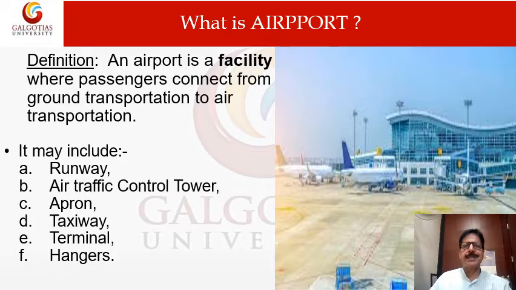Then taxiways connect the apron to the runway so that aircraft can move to and fro. Then we have terminals for administrative activities, like a traveler who is coming and needs a boarding pass issued. The facility has to be created, booking windows, issue of the boarding pass, then security aspects of baggage and any other cargo or hand baggage. So a terminal provides the basic facilities to any traveler.